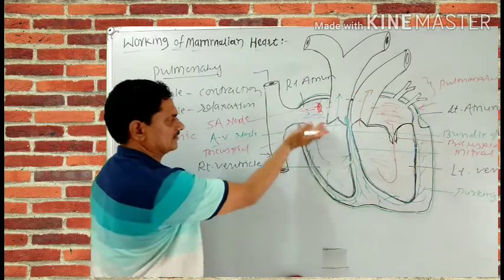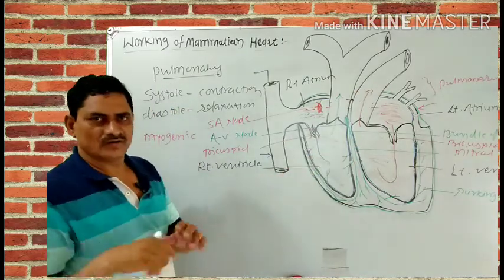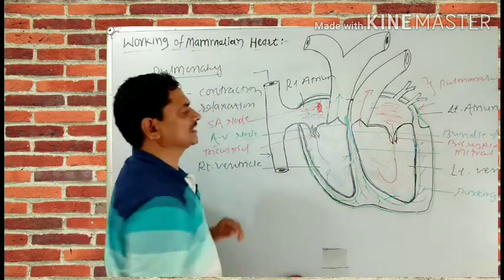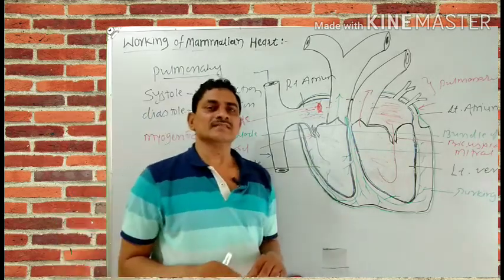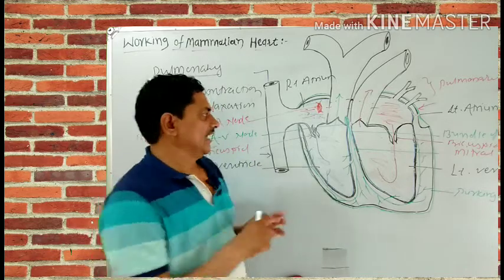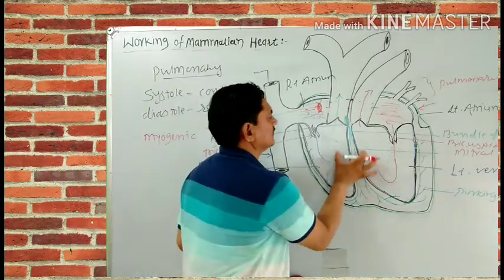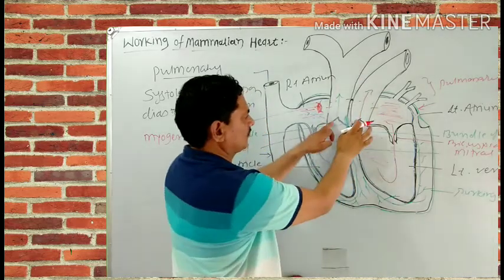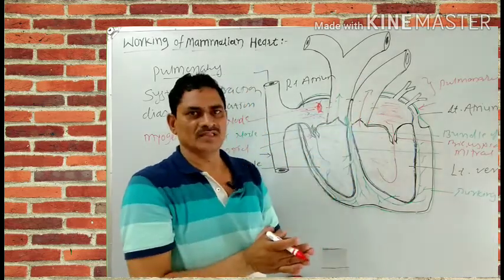Both the valve and the ventricles contract simultaneously. Therefore, the tricuspid valve and bicuspid valve simultaneously close, and the blood flows through the pulmonary arteries or through these semilunar valves.